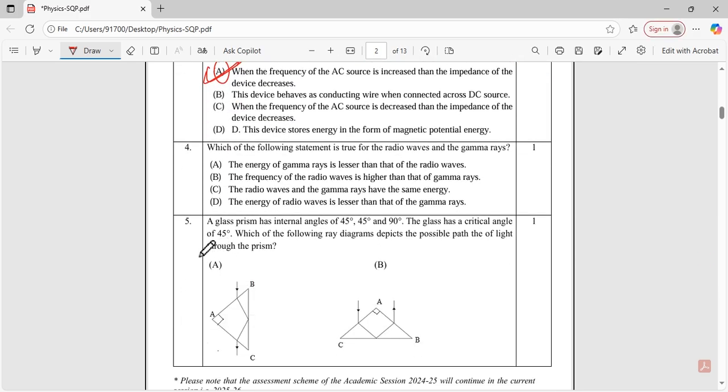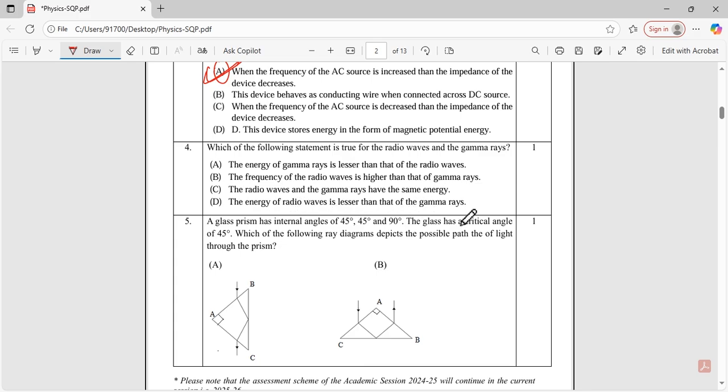Okay, which of the following statements is true of radio waves and gamma rays? That's a direct question. The energy of gamma rays is lesser than radio waves. The frequency of radio waves is higher than that of gamma rays. If radio waves and gamma rays have the same energy, the energy of radio waves is lesser than that of gamma rays.